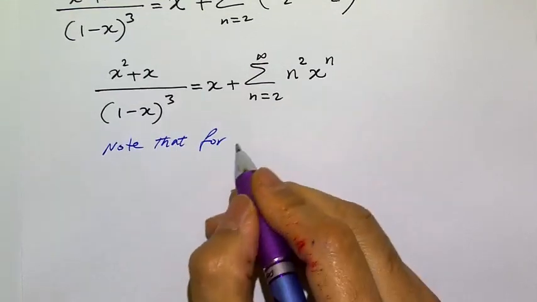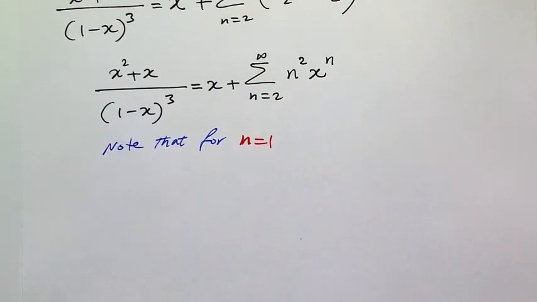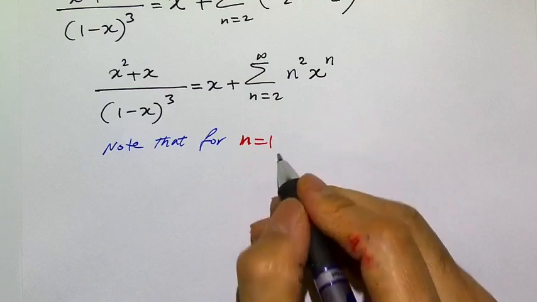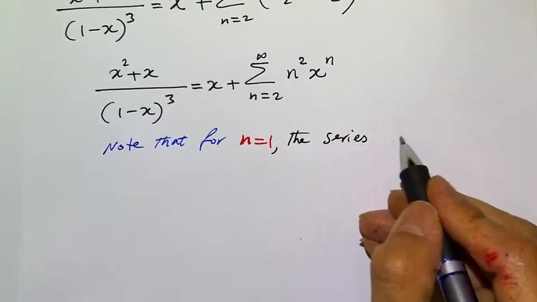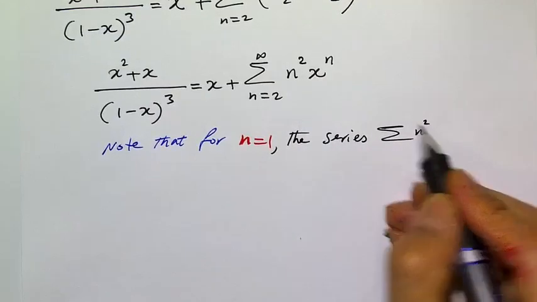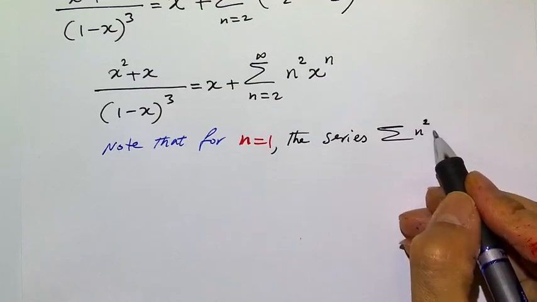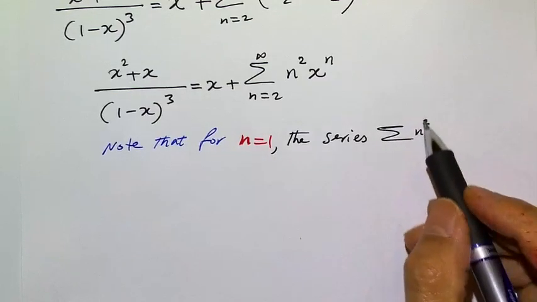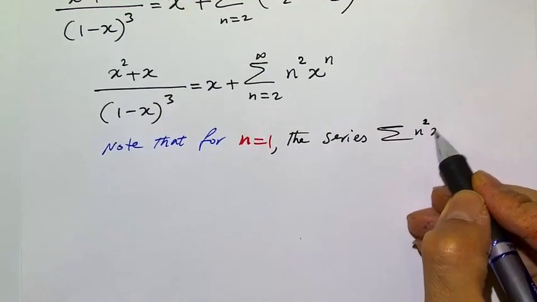Note that for n equals 1, this series, n squared, I'm not going to put the index, so you can see what I'm trying to make a point with n being 1.